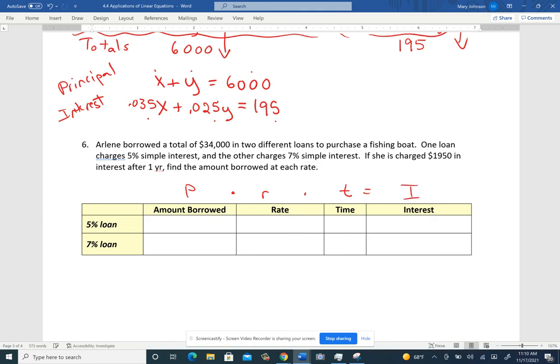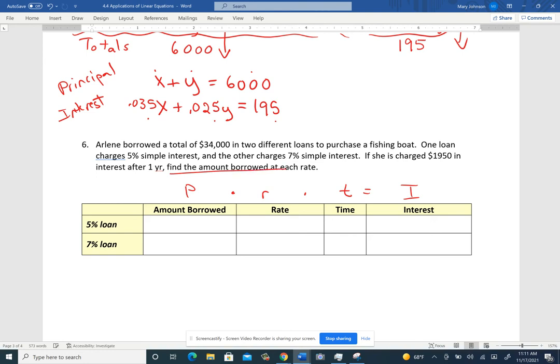Okay, so she borrowed $34,000 in 2 different loans in order to get a boat. One loan charged 5%, the other charged 7% simple interest. She winds up being charged $1,950 in interest after 1 year, and your job is to find out how much she borrowed at each rate.